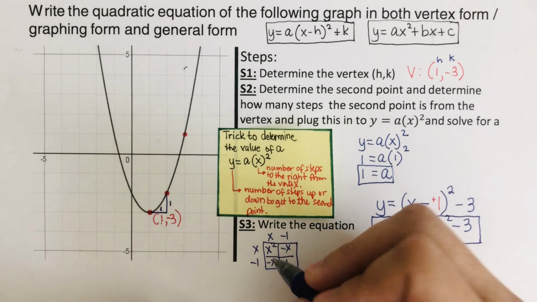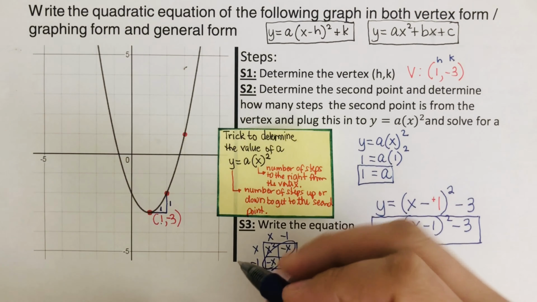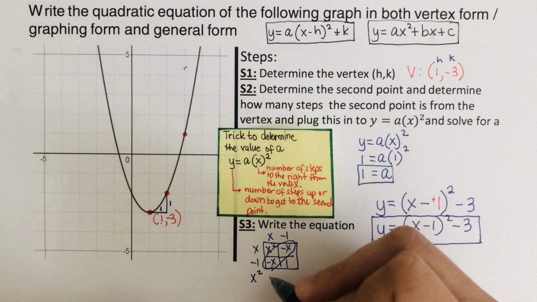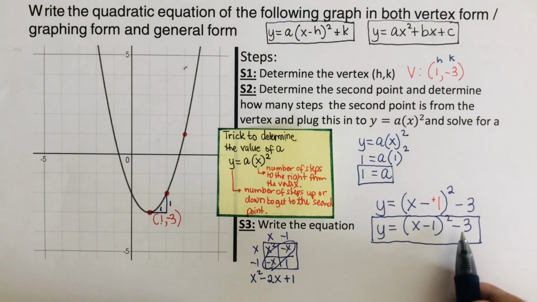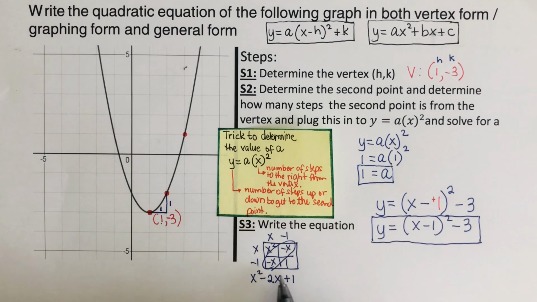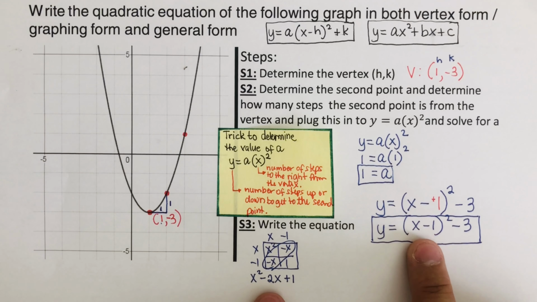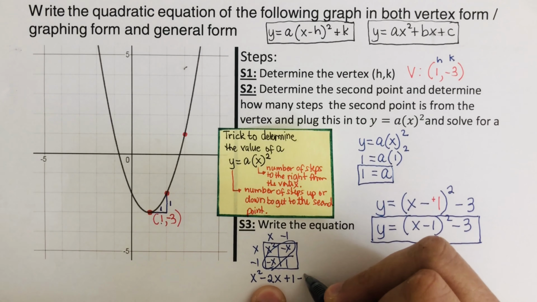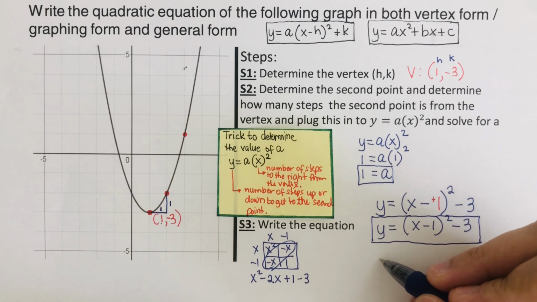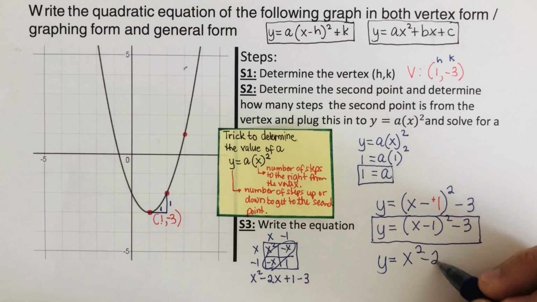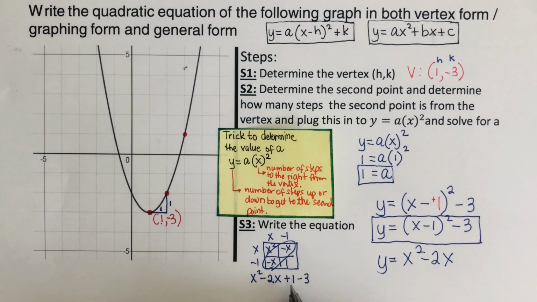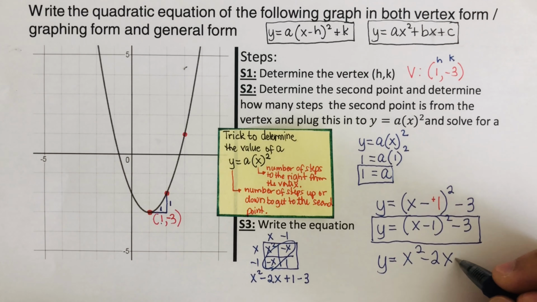Simplifying, with the diagonal here, this is x squared minus 2x plus 1, and we have a minus 3. So if you multiply this twice, that is x squared minus 2x plus 1, and minus 3. The final equation is y equals x squared minus 2x, and then 1 minus 3 is negative 2.